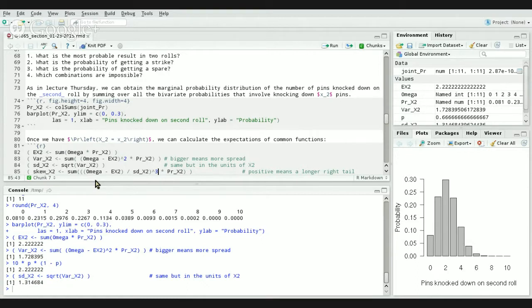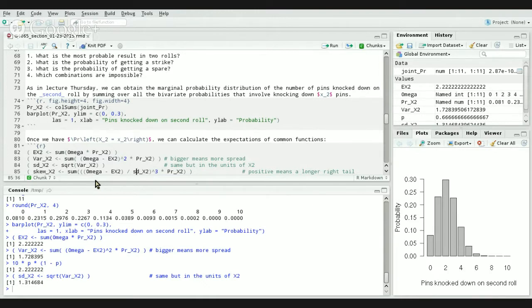When each of those numbers are weighted by the probability they occur, so extreme events with low probability are downweighted, and we sum all that up, if the skewness is positive, that's basically to say we expect the standardized version of the random variable, which is to say x minus its mean divided by its standard deviation, to be positive.